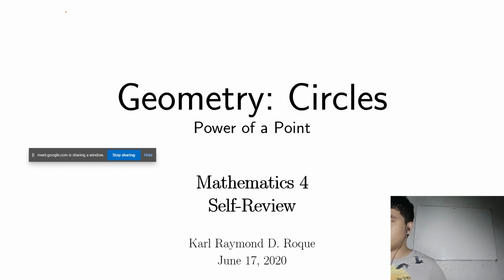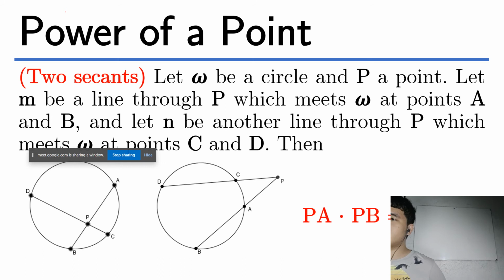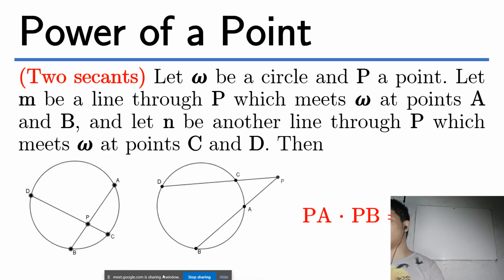Power of a point. So, power of a point, basically, ine-examine natin what will happen if two segments in a circle intersect, no? Tapos they have relationships. So, let's say omega is a circle and P be a point.